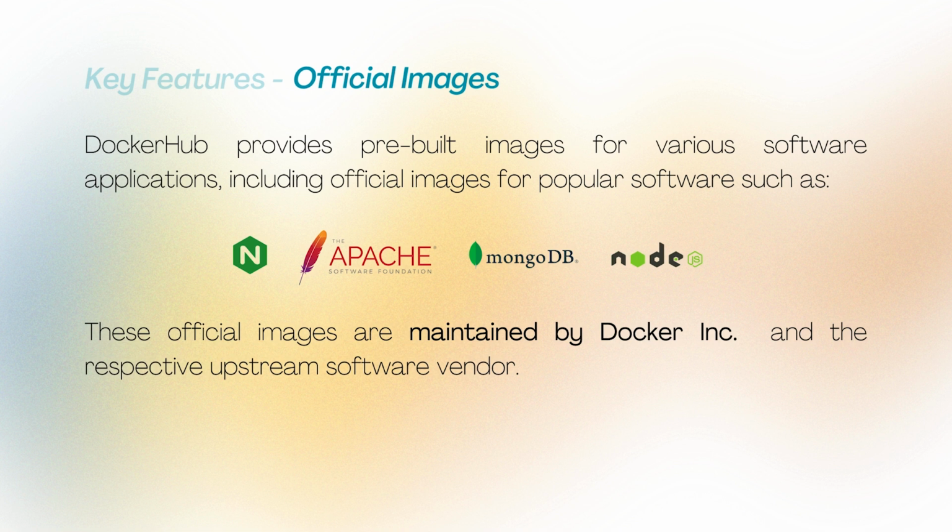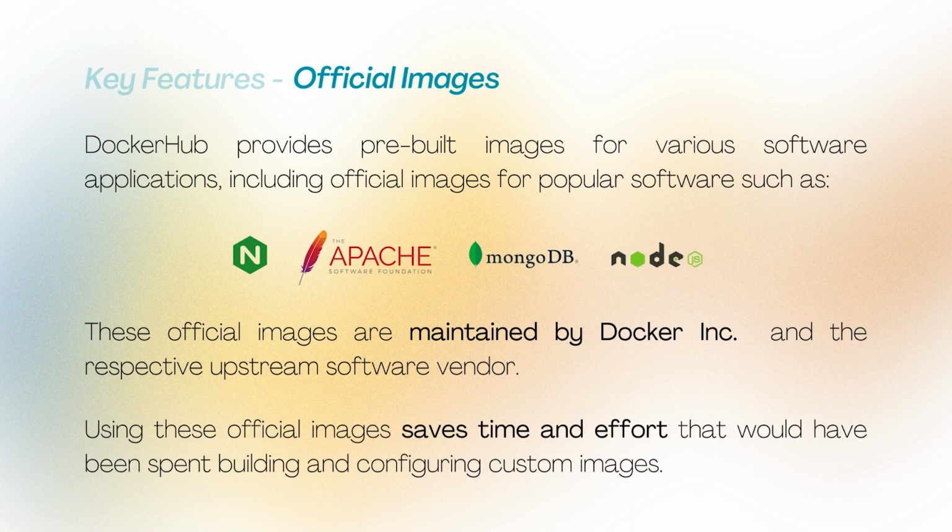These official images are maintained by Docker and the respective upstream software vendors, ensuring that they're reliable, up-to-date, and secure. Using these official images saves time and effort that would have been spent building and configuring custom images.